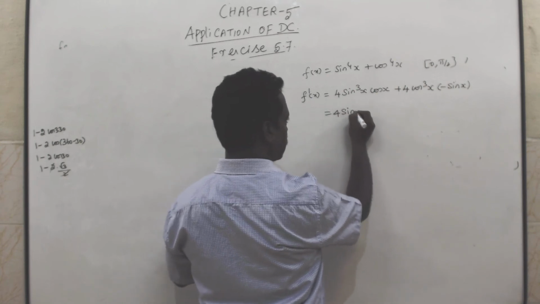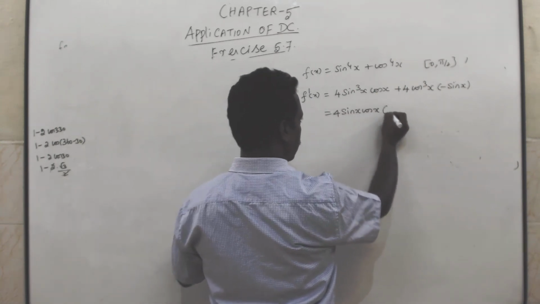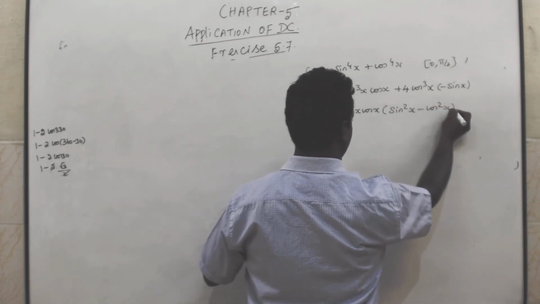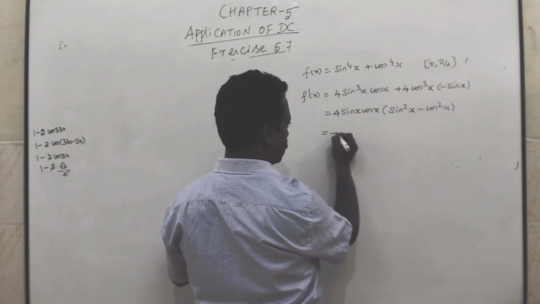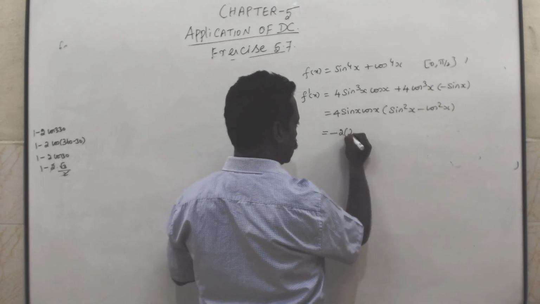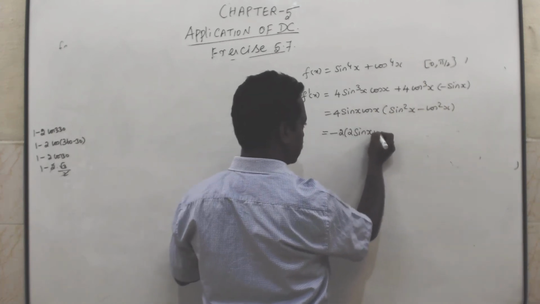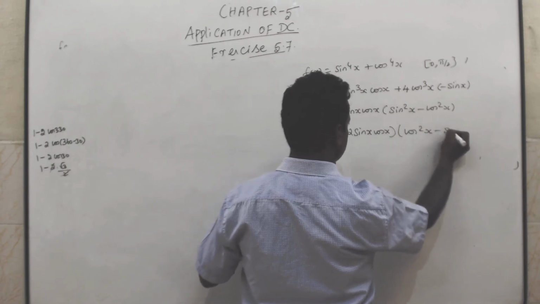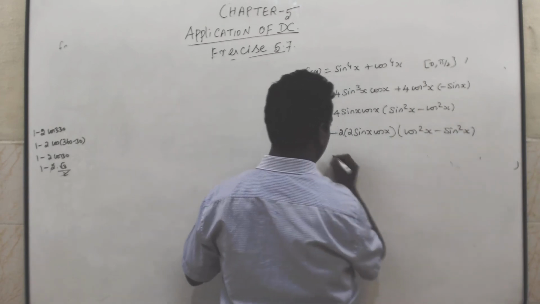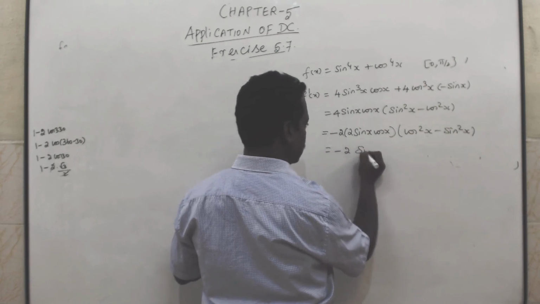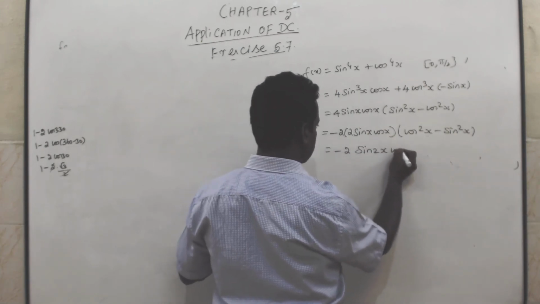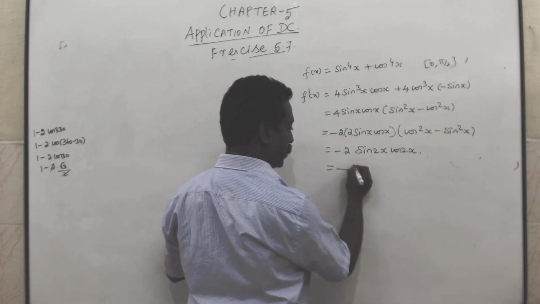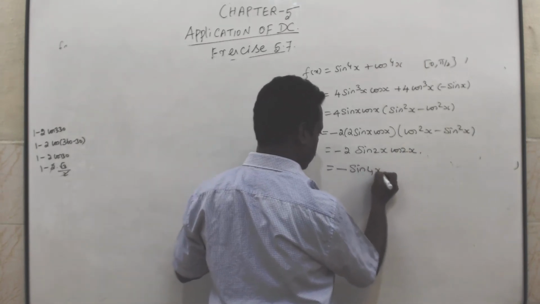Taking 4 sin x cos x common, that is sin square x minus cos square x. Minus taken out. 4 can be written as 2 into 2 sin x cos x, that is sin 2x, and cos square x minus sin square x is cos 2x. Minus 2 sin 2x cos 2x is sin 4x.